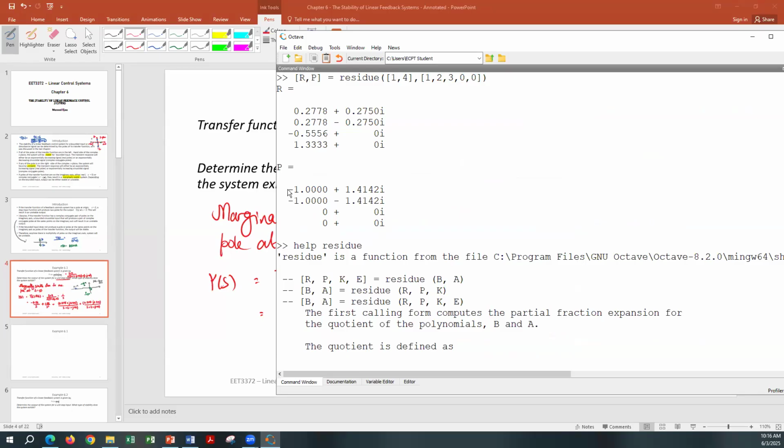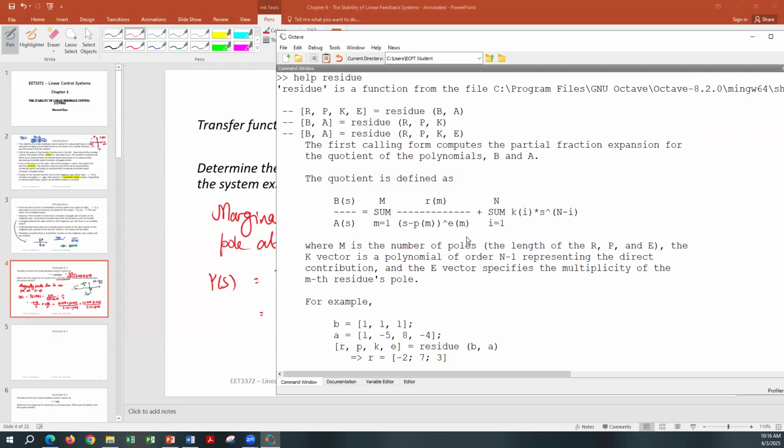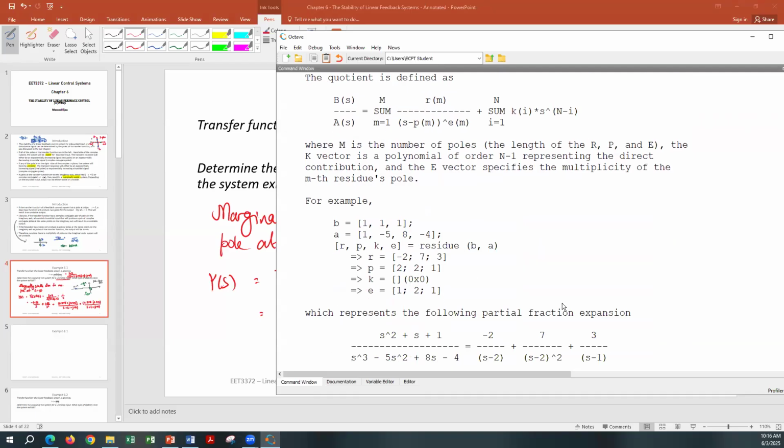This is the numerator for this root, which is the first power of s, so s minus 0. And this is the numerator for this, which is s minus 0 square. If this would be 2, like it is showing you here, 2, 2, 1, then as you can see, -2 over s minus 2, 7 over s minus 2 square, and then 3 over s minus 1, right?